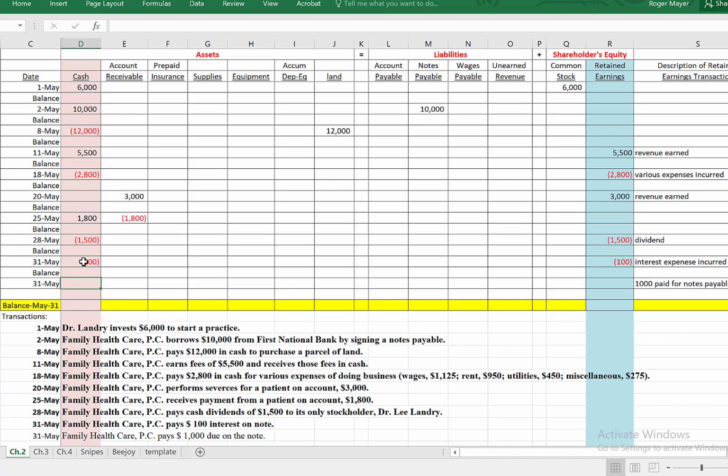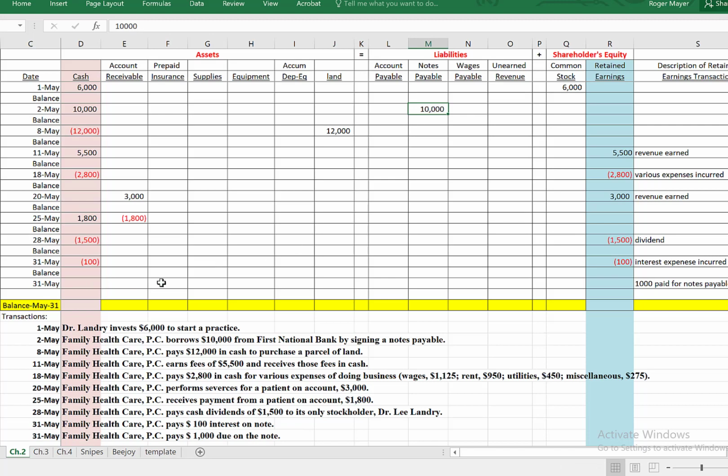The final transaction, and I think it's important that we make this distinction between interest on the notes payable and paying the notes payable. So what happens on May 31st is Family Healthcare pays $1,000 that is due on the notes payable. The notes payable right now is $10,000.